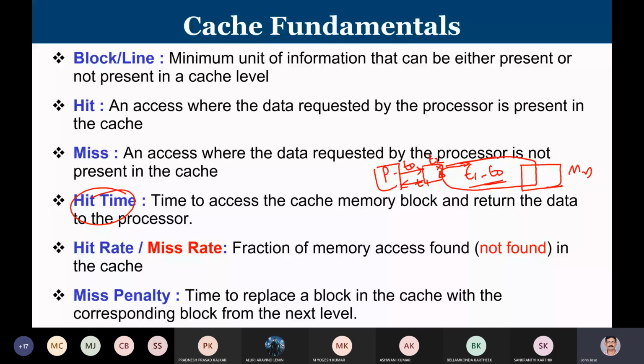This additional delay, the moment you come to know it's a miss, going all the way to the next level in the memory hierarchy and returning the block back to your L2, is known as miss penalty. So it is the time to replace a block in the cache with the corresponding block from the next level whenever a miss occurs. So we learned about block and line, hit or miss, hit time, hit rate, and miss penalty components.